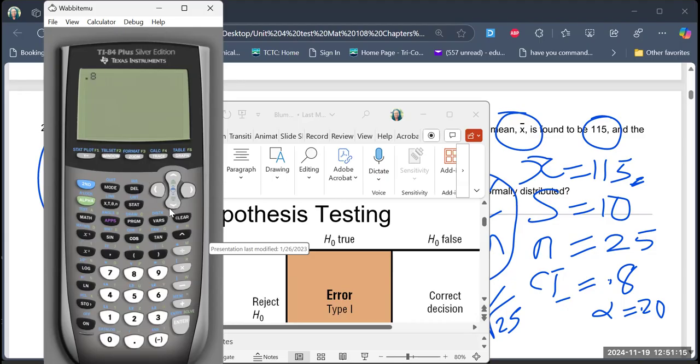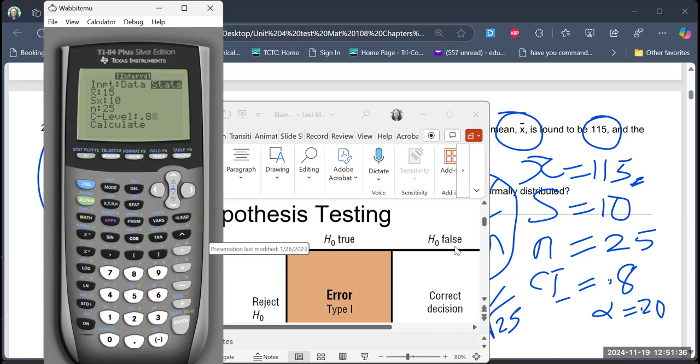Uh-oh, I need to go back. Okay, go to start, arrow to test, and number 8, T interval. Confidence level is 0.8.